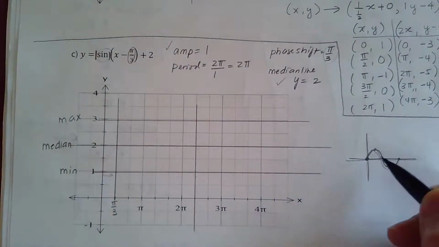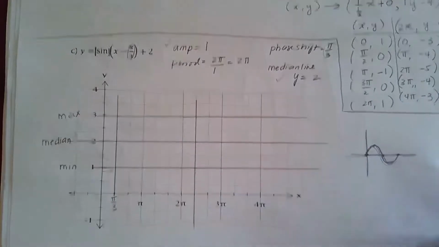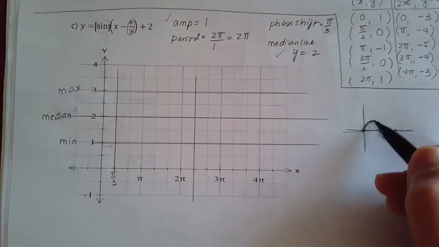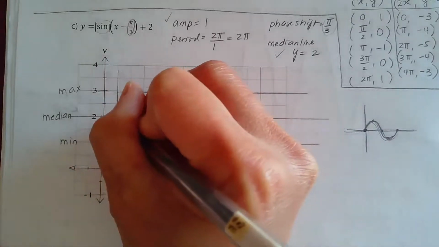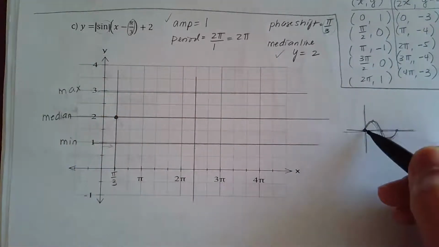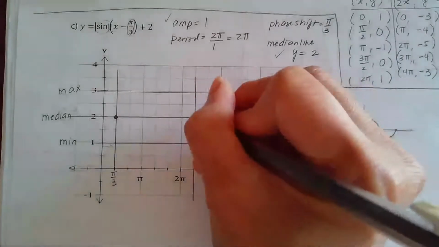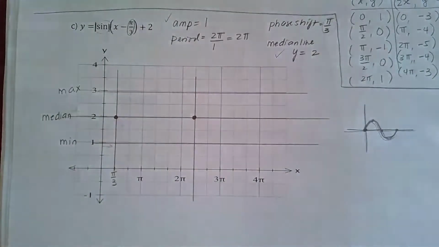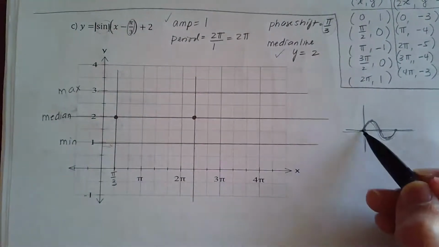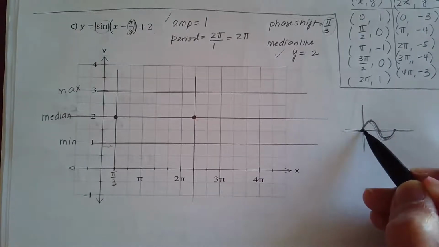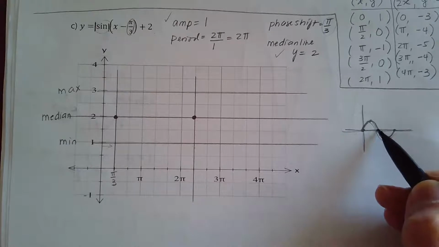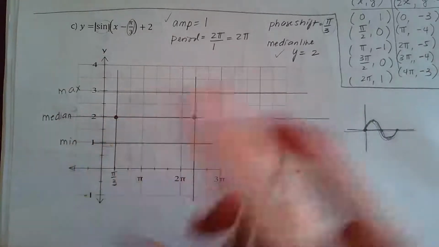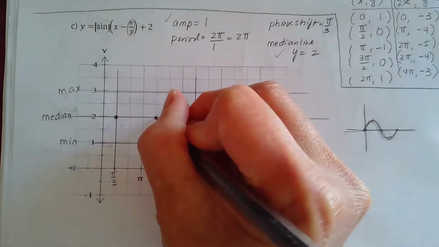Over here, the sine function starts at the median line and ends at the median line. If we look over here, it starts on the median line, ends on the median line, and in the middle between those two, that's also on the median line.